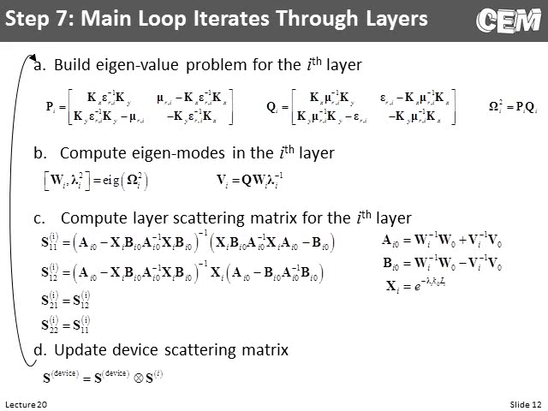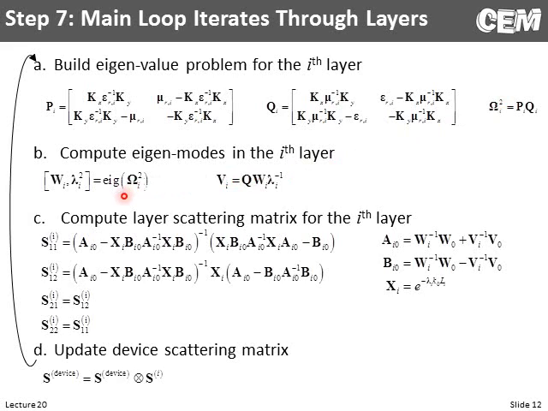So now we enter the main loop. This is where eventually we will calculate the global scattering matrix of all the layers, that sometimes we call the device scattering matrix. For each layer, we will calculate P and Q, and then build an omega squared for the layer.